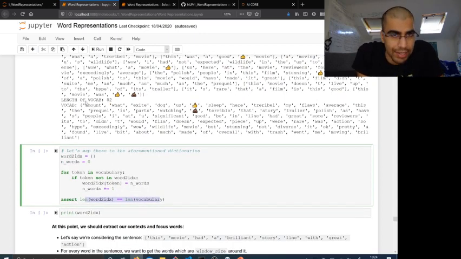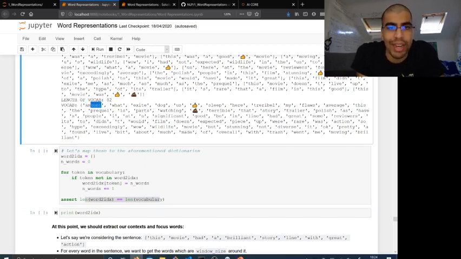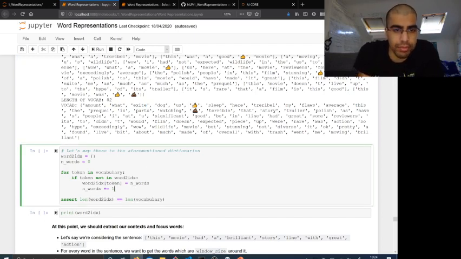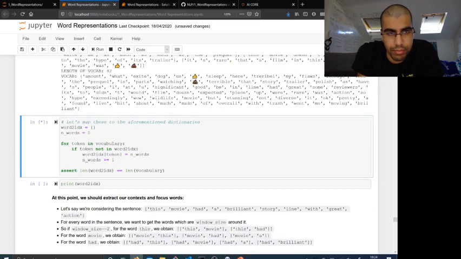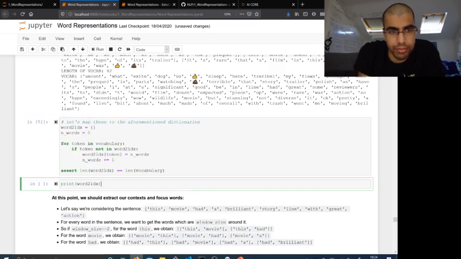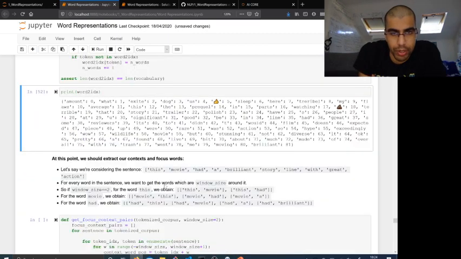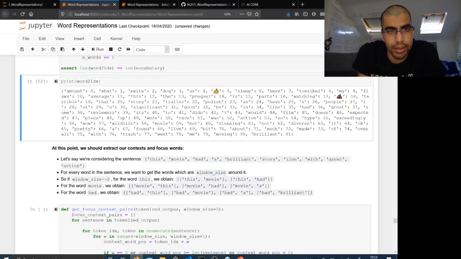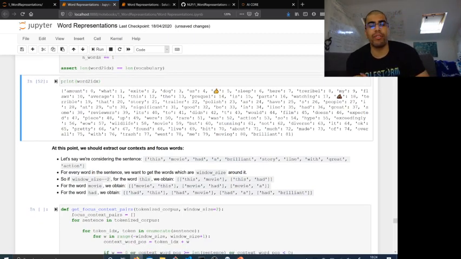Basically, the value of the key amount is going to be 0, the value of the key what is going to be 1, the value of the key excite is going to be 2. And when we print that, we'll see that that's what it is. What this means is that now we can refer to a word by its index, or its integer, as opposed to the actual word itself.